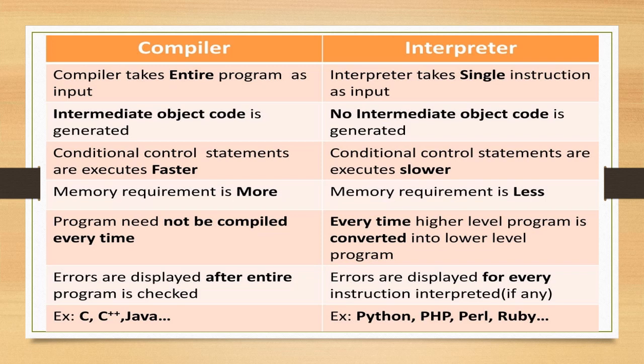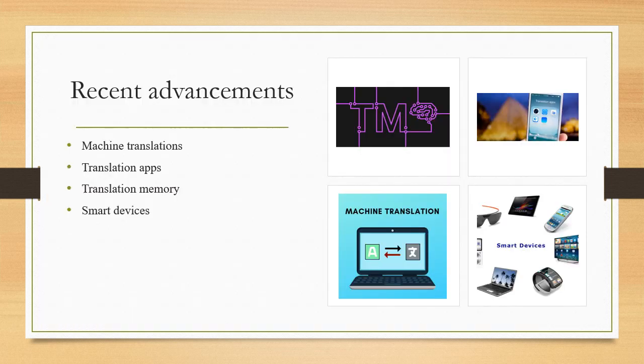Examples for the compiler are C, C++, and Java, and for the interpreter Python, PHP, Perl, Ruby. Recent advancements in interpreters. Machine translations. These are computer-generated translators that can translate large chunks of text without any human involvement.